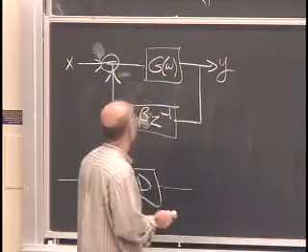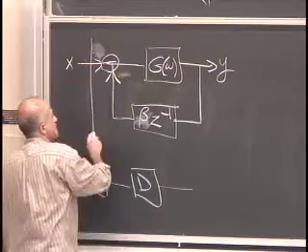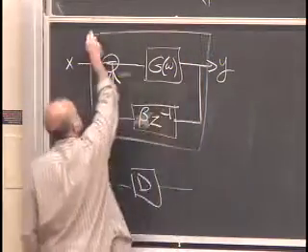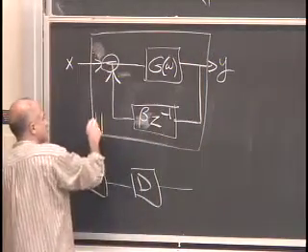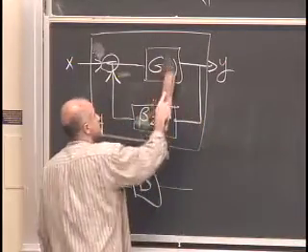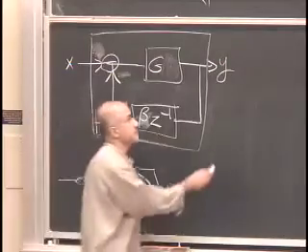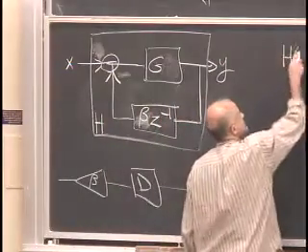OK. So what is the frequency response of this feedback configuration, if we call that h? Let's not put the omega inside the system. Let's just keep it by its name. So what is the frequency response of the overall system?